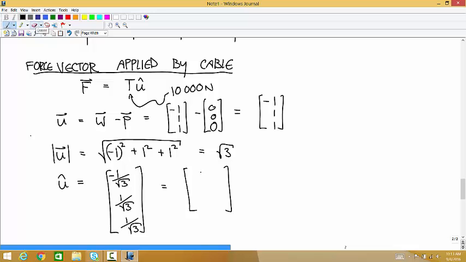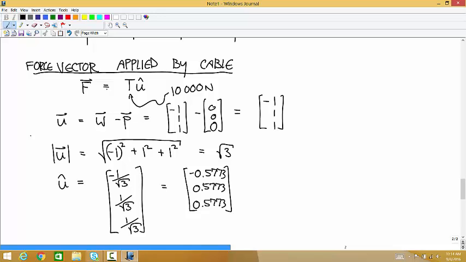I skipped a step. Negative 0.5773, positive 0.5773, positive 0.5773. That makes more sense. So now if you took the square root of the sum of the squares of these, what would you get for the magnitude of that vector? 1. That has a length of 1.